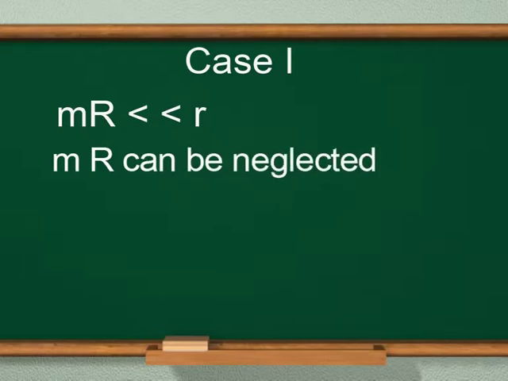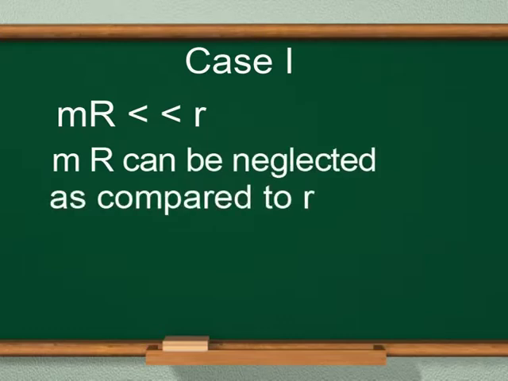Then mR can be neglected as compared to r. For case 1, I is equal to mE upon r. Thus, the current in the external resistance is m times the current due to a single cell.